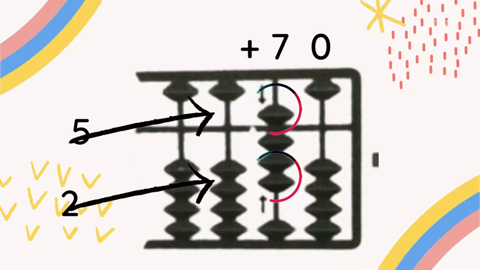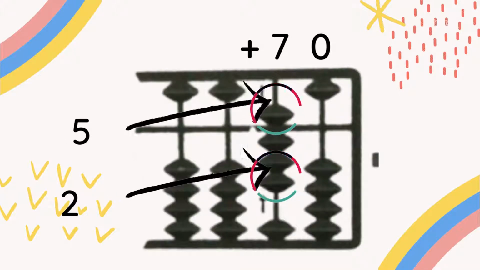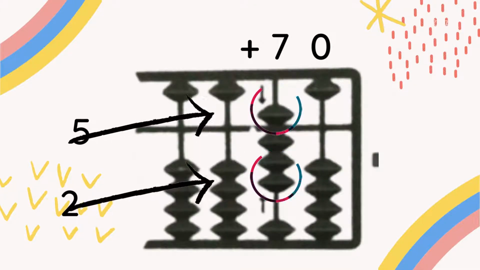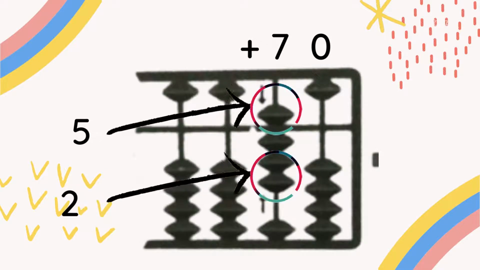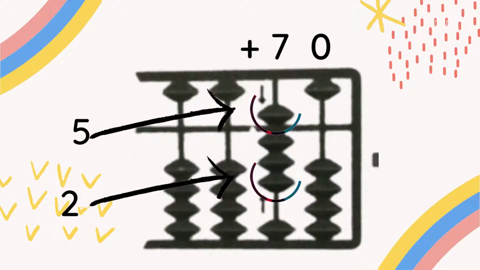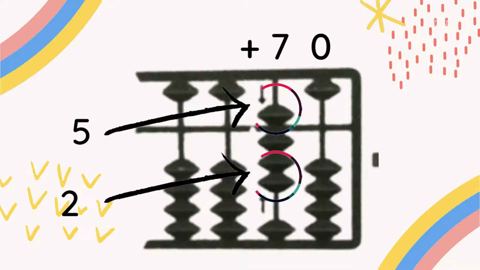In this picture, it adds 7. 7 what? 7 and 0, so 70 means it adds 70. This is the second picture. You can refer to your Mathematics Activity Book Part 2, page 22.